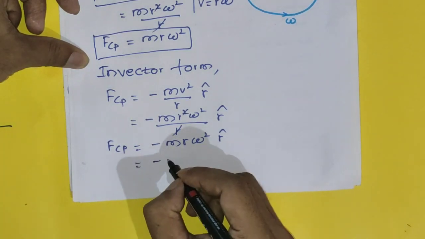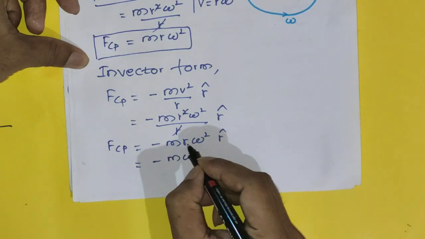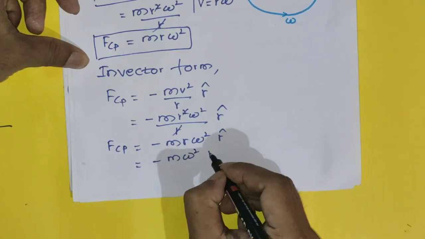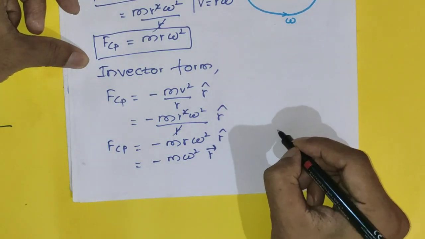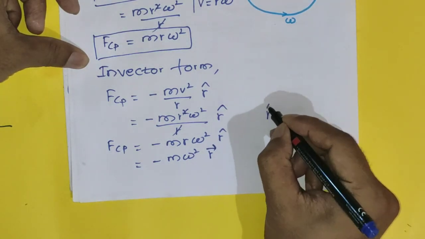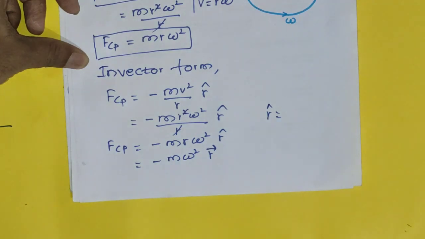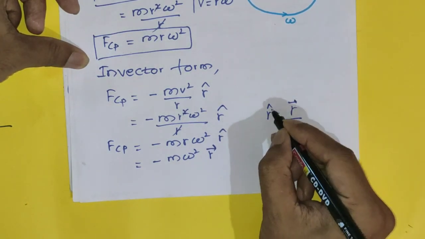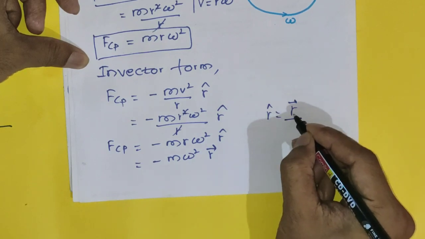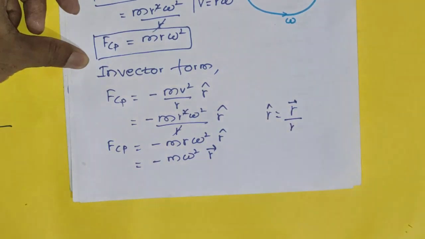This can be written as m omega square into r into r cap, which is the radius vector r, because r cap is a unit vector which is equal to radius vector upon magnitude of the vector.